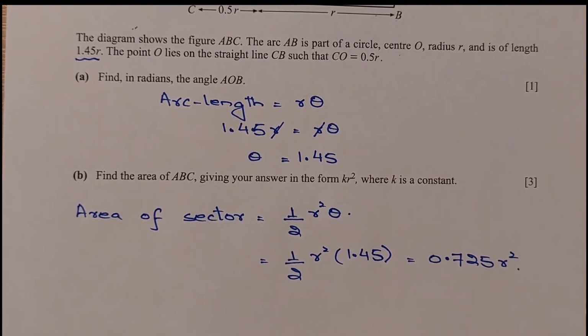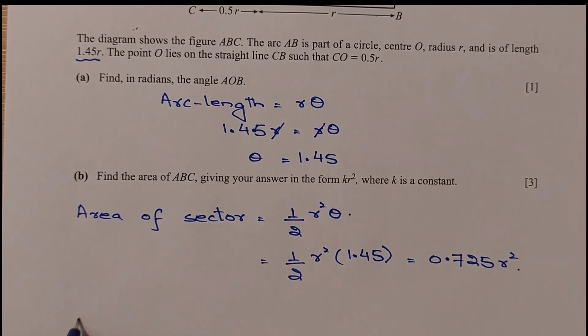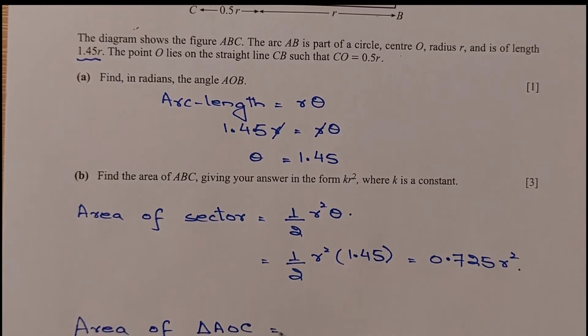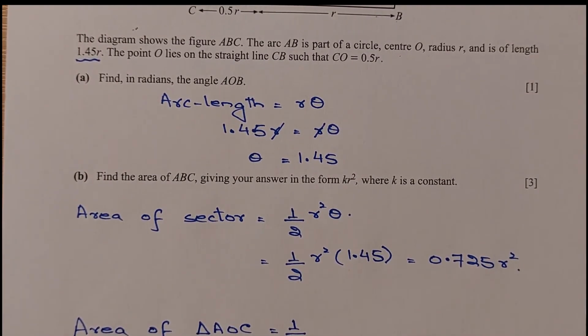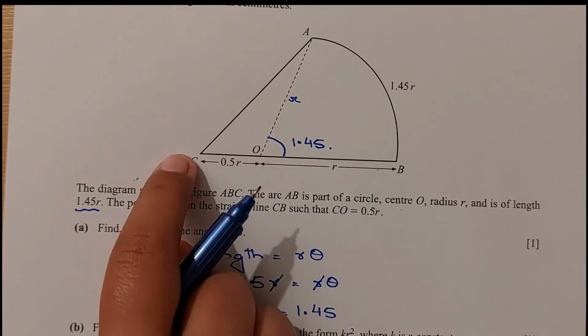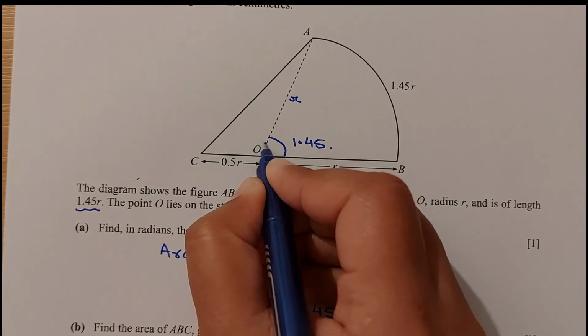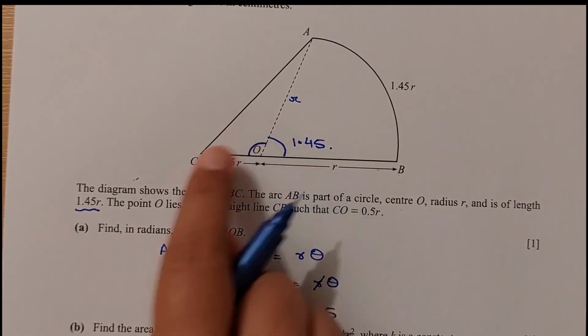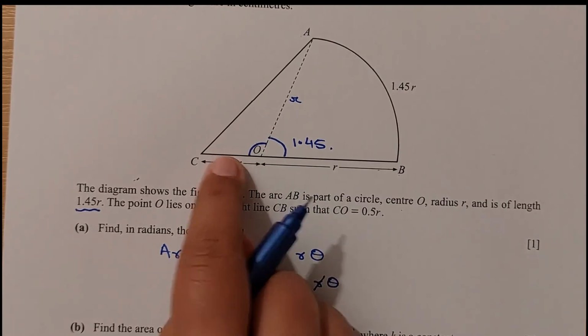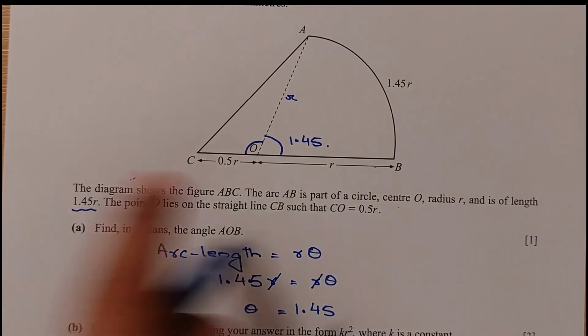Now let me find the area of the triangle. Area of triangle AOC is half the two sides and the sine of the inner angle between them, right? So this side is r, this side is 0.5 r, and what is the angle? As we know that this is a straight line CB, so this whole angle is pi, right? So pi subtract 1.45 is this angle.